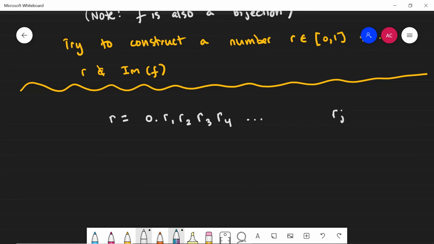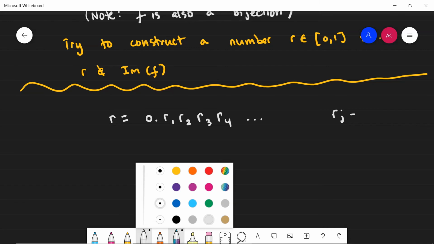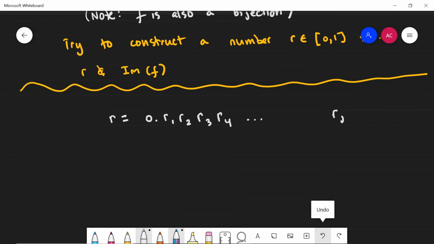And of course, these r sub j's are living in between 0 and 9. So it's an element of the set 0 through 9. These decimals, of course, live in the set 0, 1, all the way up to 9, because this is the decimal representation that I'm trying to give for r.